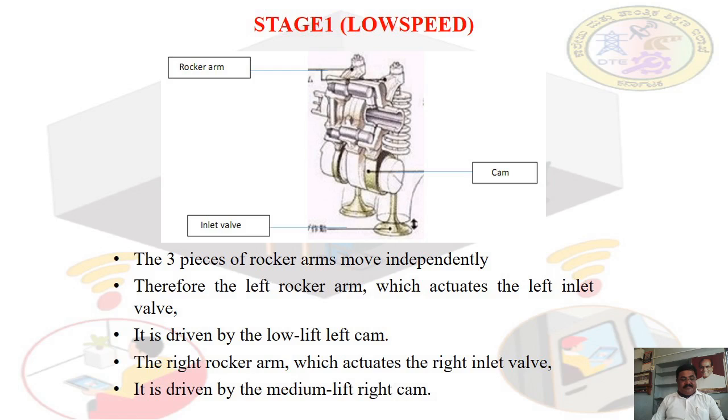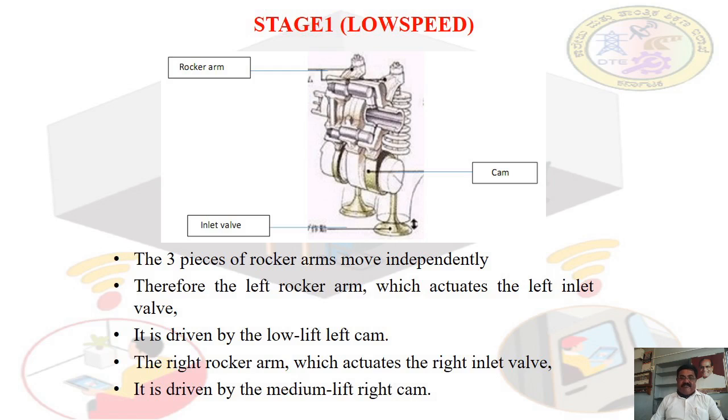The middle cam has fast timing and high lift. The right hand side cam has slow timing, medium lift, and is a medium size cam.